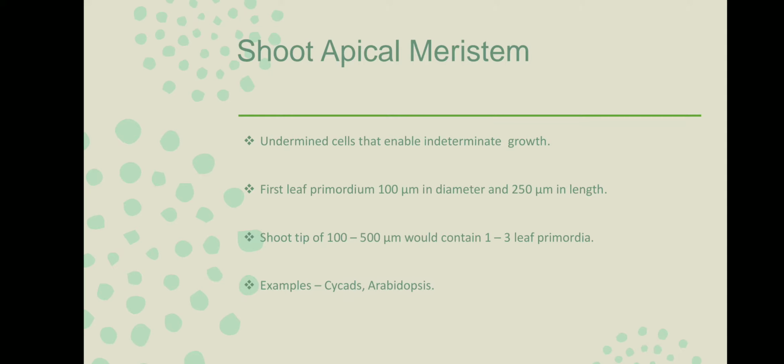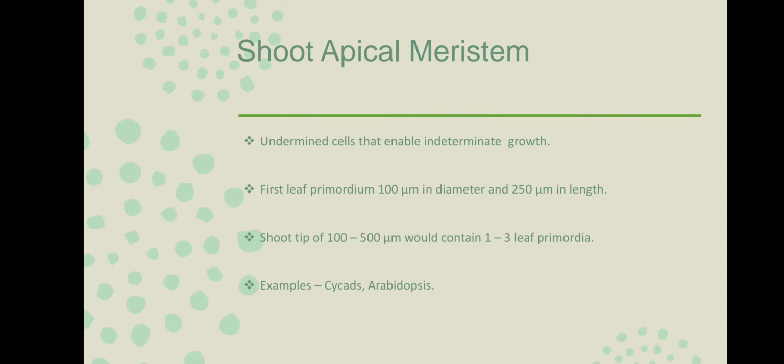If we simply talk about the diameter of the apical meristem, it is measured up to 100 micrometer, and lengthwise it is 250 micrometer. The shoot apical meristem contains 1 to 3 leaf primordia in addition to the apical meristem.